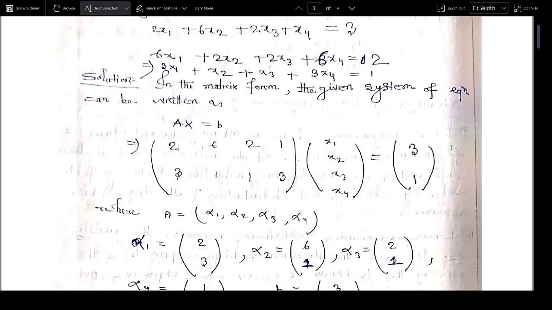This gives us 4C2 possible basic solutions. The value of 4C2 is 6. Numerator will be 4 into 3 divided by 2 into 1, so cancel out, it is 6.